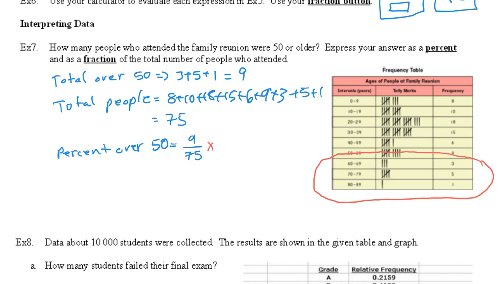So we have to times this by 100%. This represents the fraction, and then the times 100% turns it into a percent, right? So 9 divided by 75 times 100% is going to be 12%.